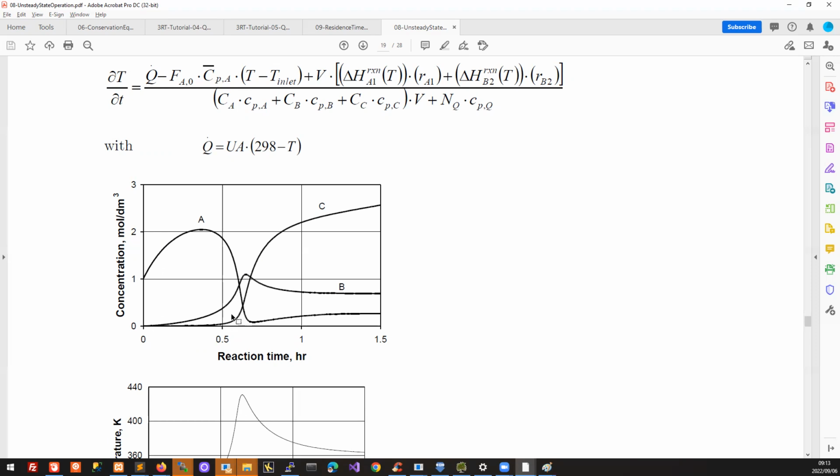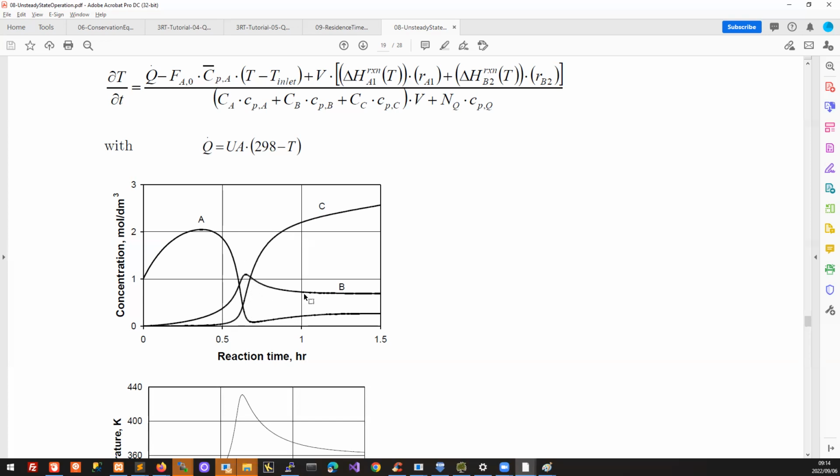So of course your first reaction rate has gone down significantly. So then the B concentration would normally level off. But of course, B is converted to C as well. So as B is formed, B gets converted to C also. So you can see C starting to rise here. And then we reach a point where the first reaction is low now. So your production of B is low, but C is still being formed.